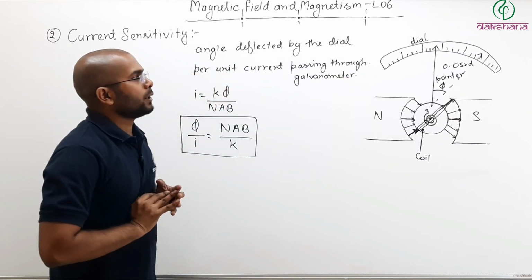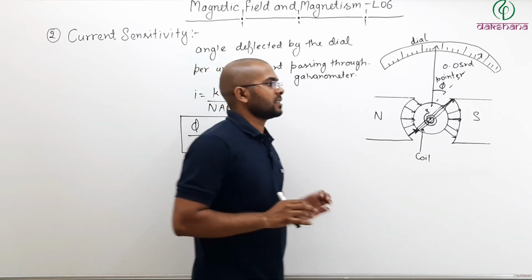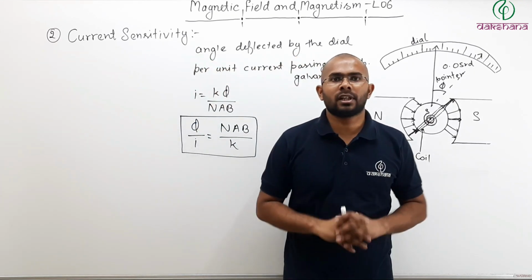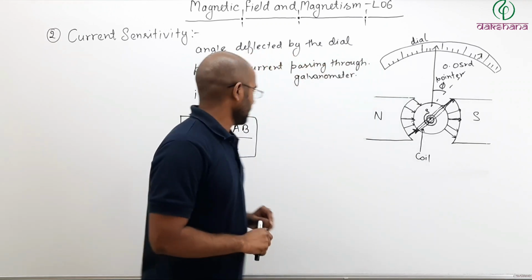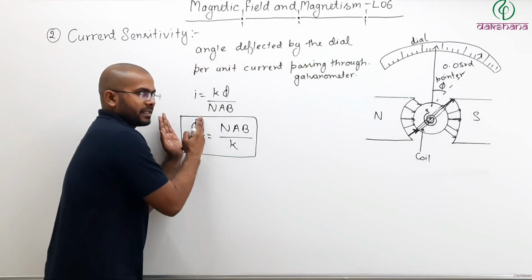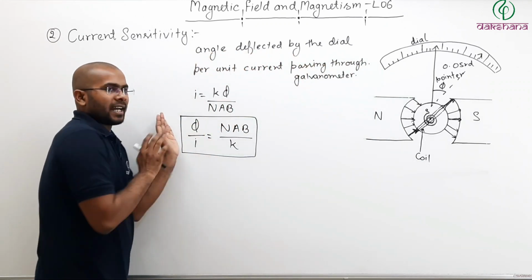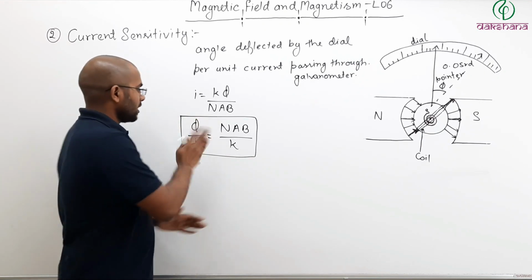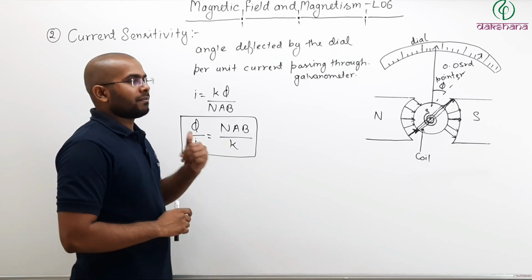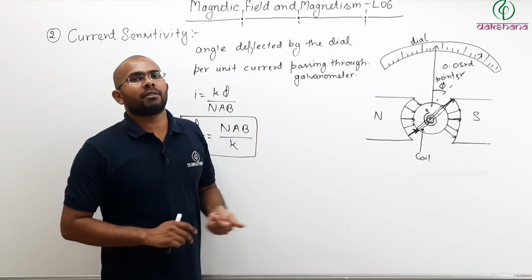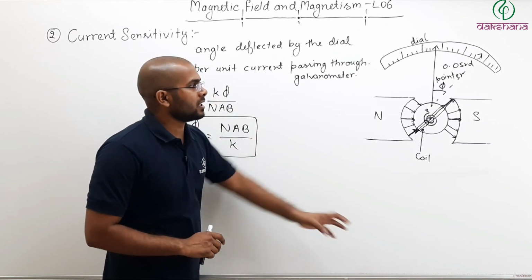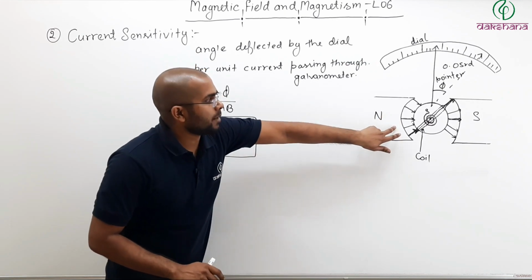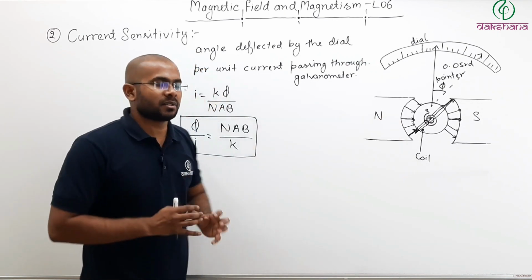Now if you want to increase the current sensitivity of your galvanometer, then what you can do? See here, if I want to increase this sensitivity, now phi and I depend upon outside, that we cannot change, that is the input and output. So I will have to change the mechanism or my apparatus, how my apparatus is made.